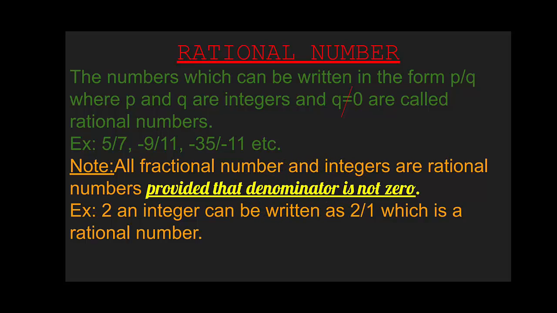One example is 2 is an integer, and 2 can be written as 2 divided by 1, which is a rational number because we have written 2 in the form p by q. The value of q is 1.